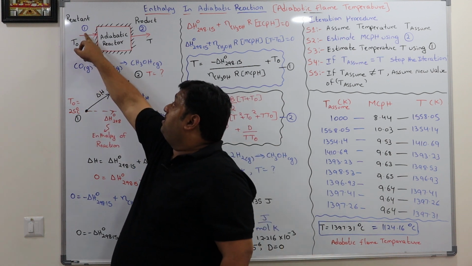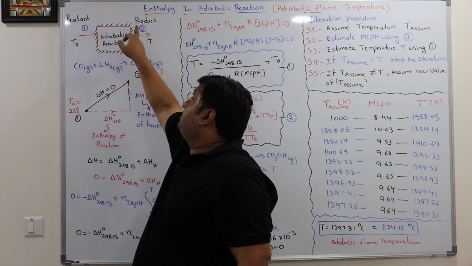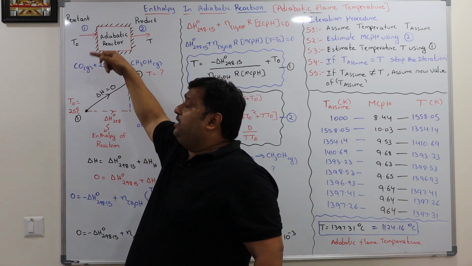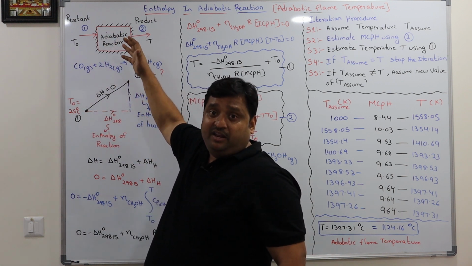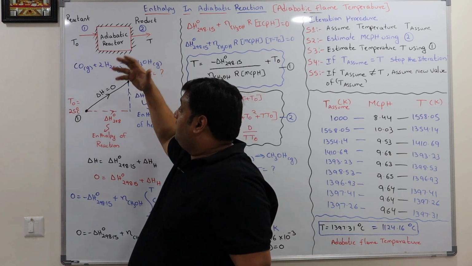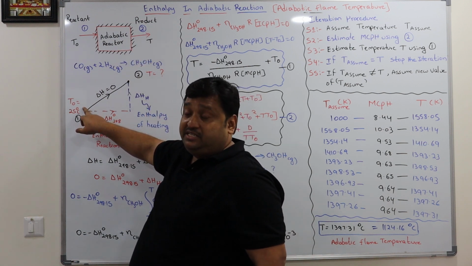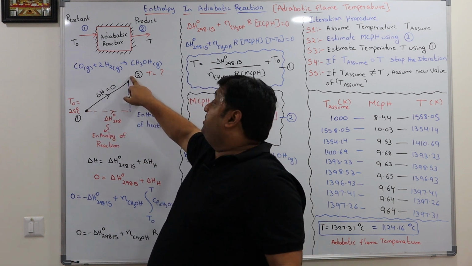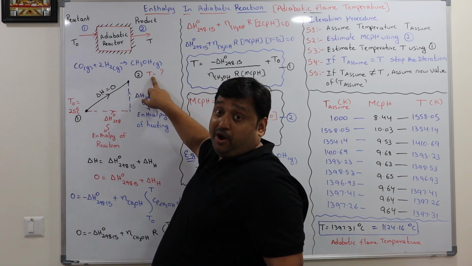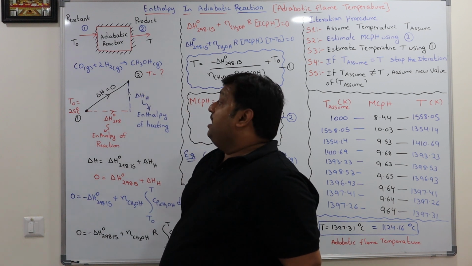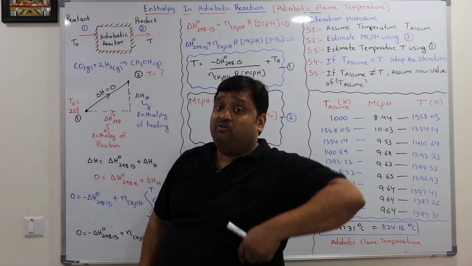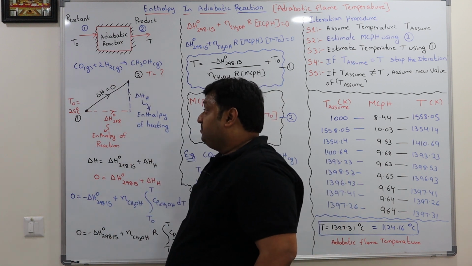Imagine this is our state 1 and this is our state 2. When an exothermic reaction is happening in the reactor, it takes the reactants from 25 degrees centigrade to some higher temperature of the product, which is at temperature T. The objective is to find this maximum possible temperature in this adiabatic reactor system.